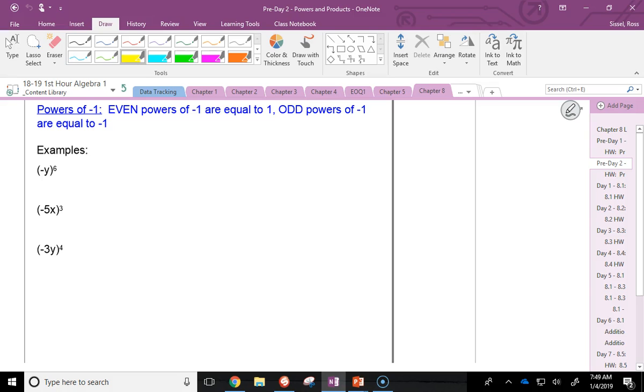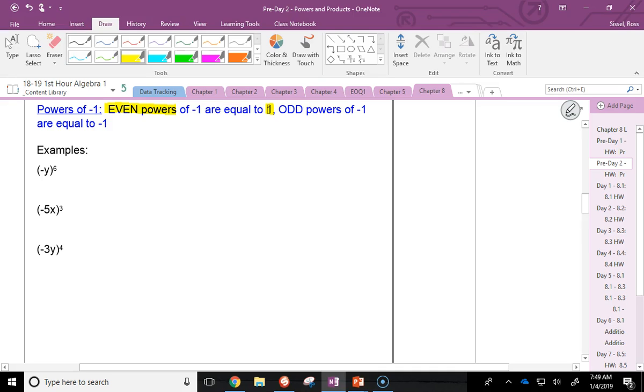Even powers of -1 are equal to 1. Mainly, if you have a negative number and the exponent is an even number, it comes out positive. And that makes sense. Think about it: if I do a power of 2, I have a negative times a negative, which equals a positive.